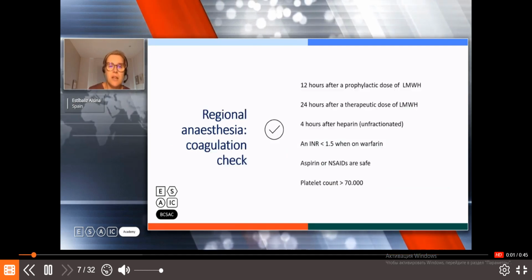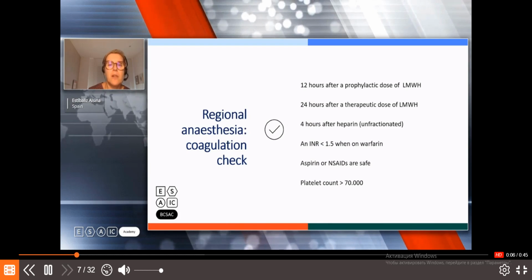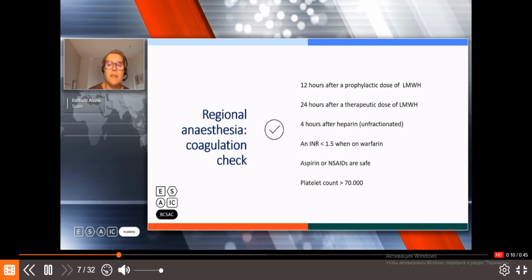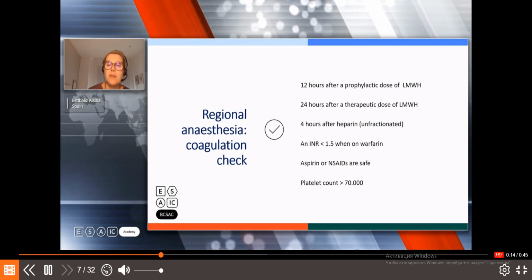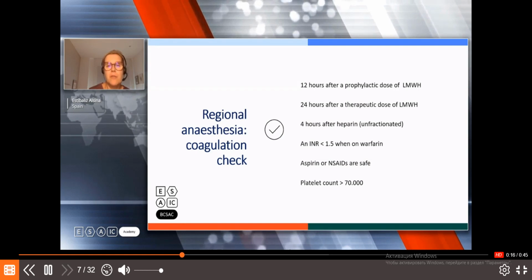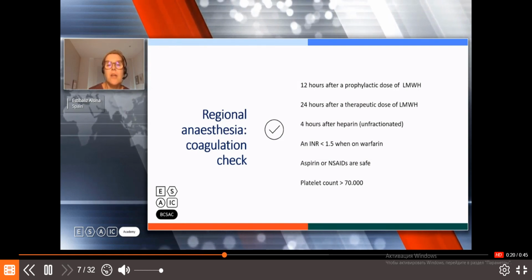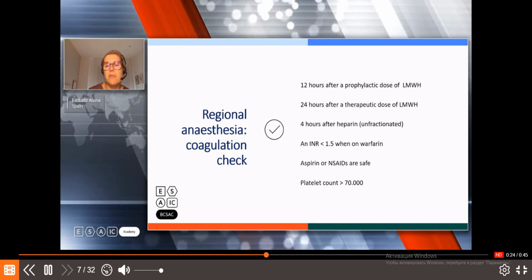What do we have to check when we perform a regional anesthesia? Well, we have to stop low molecular weight heparin at a prophylactic dose 12 hours before, and at a therapeutic dose 24 hours before. We have to stop intravenous heparin 4 hours before. We need an INR under 1.5.